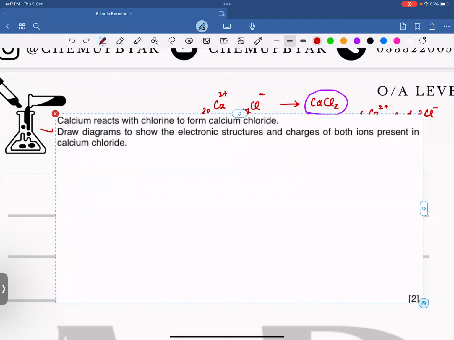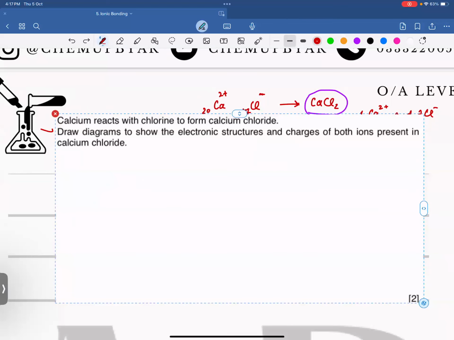Now, can you guys do this? For you, Sanya, the atomic number of calcium is 20 and the atomic number of chlorine is 17. Now you have to draw the electronic structure for ions. Can you draw the electronic structure?